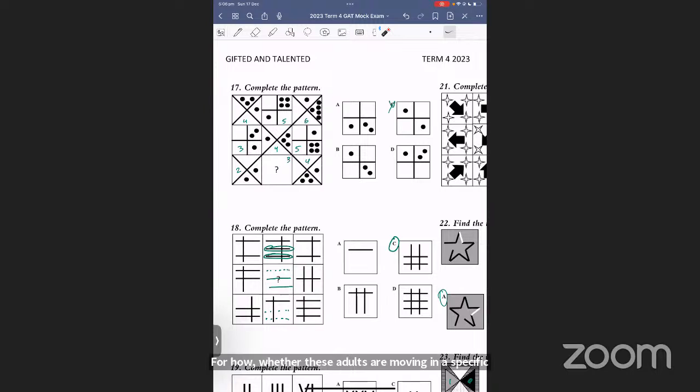So in this question, if we were to map out where the individual dot is moving, let me map it out. It starts off here, goes here, and goes here. So from 1 to 2, what's the movement there?